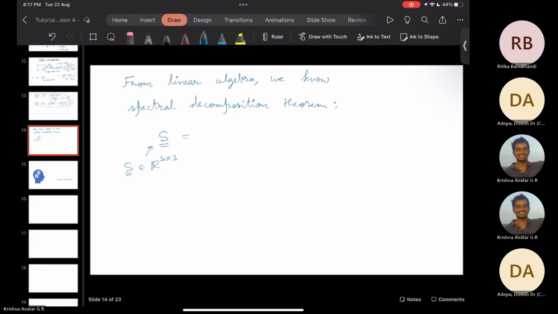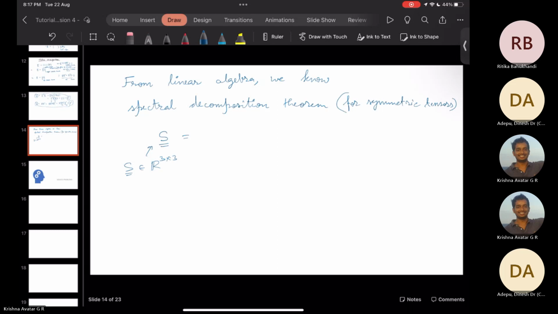And since S is symmetric, we know the spectral decomposition for a symmetric tensor. I'll mention it explicitly here: it's only valid for a symmetric tensor.